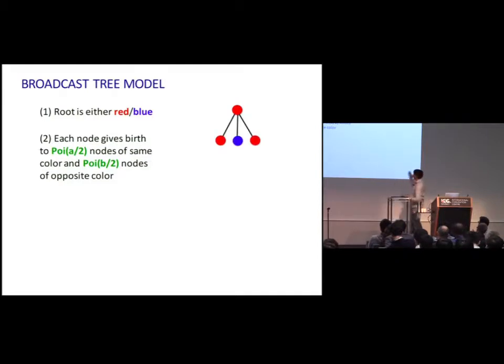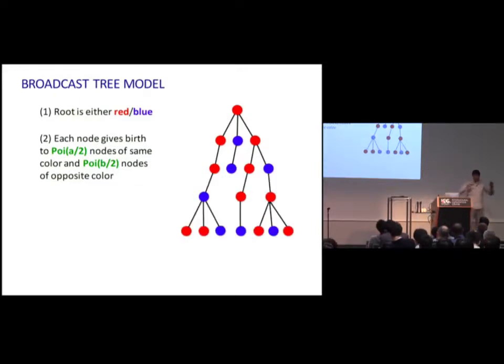So here, for example, the next level might look like this: the root red node has given birth to 2 red descendants and 1 blue descendant. Then you iterate this process, where every node gives birth to some random number of children of different colors. In this way, you create a random tree that emanated from this one root node that's either red or blue.